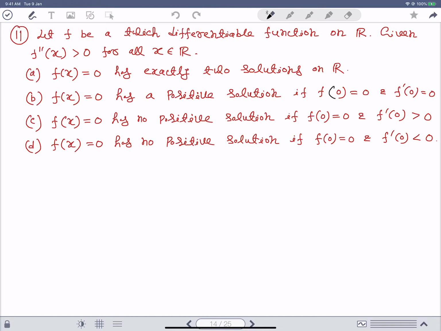It is f 0 equal to 0 and f dash 0 equal to 0. Option A is false. Just a minute. Anyway, for the timing, just assume that one. Fine. And C says it has no positive root if f 0 equal to 0 and f dash 0 is greater than 0, and D says it has no positive root if f 0 equal to 0 and f dash 0 is less than 0.